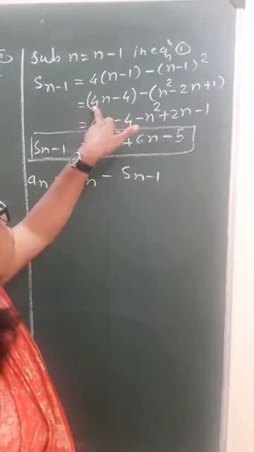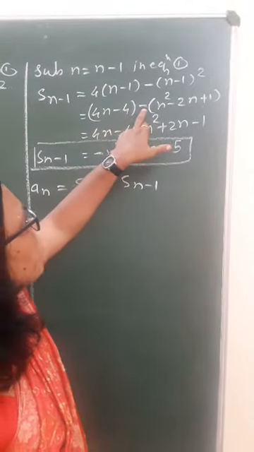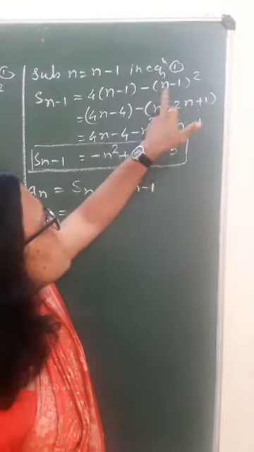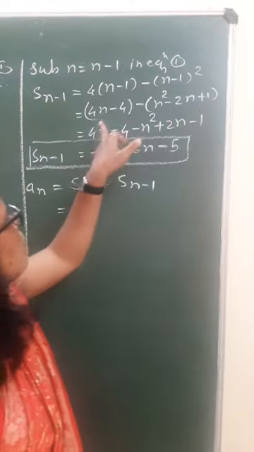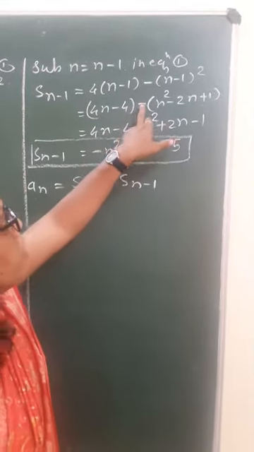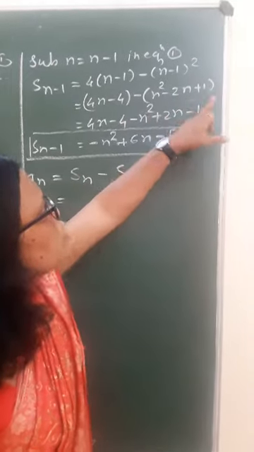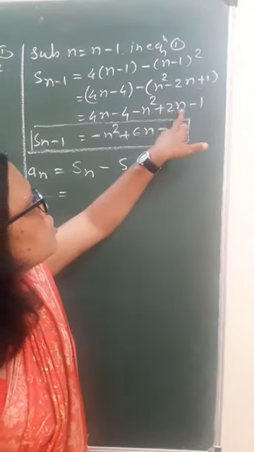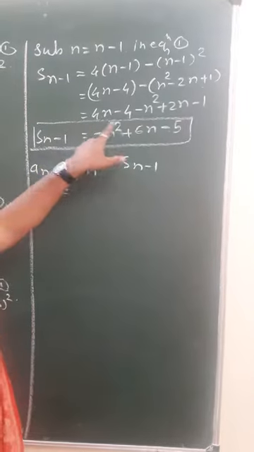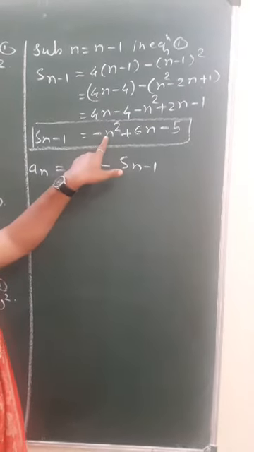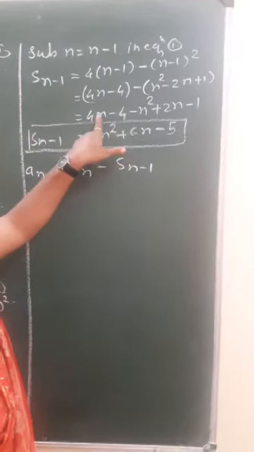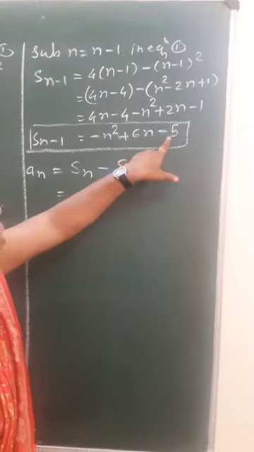Multiply this bracket by 4: 4n minus 4 minus the identity n square minus 2n plus 1. Multiplying minus to the whole bracket, minus n square plus 2n minus 1. Here we will get minus n square, 4n plus 2n is 6n, minus 5.